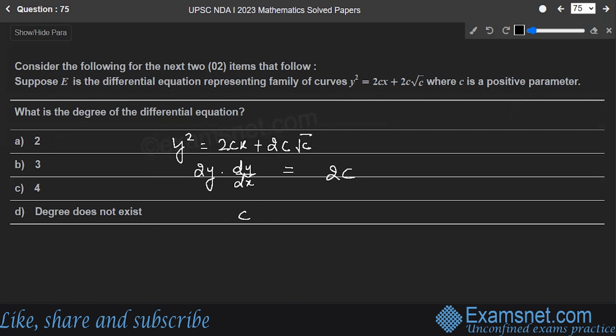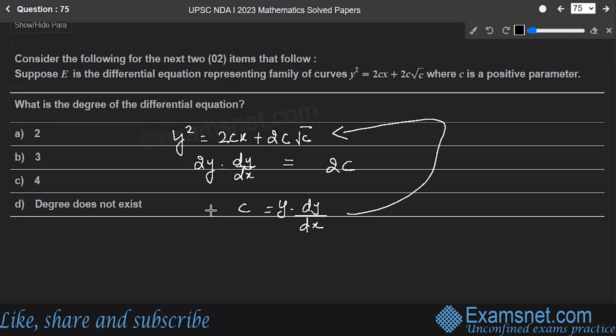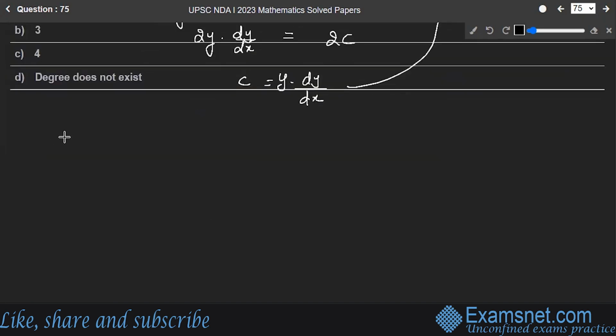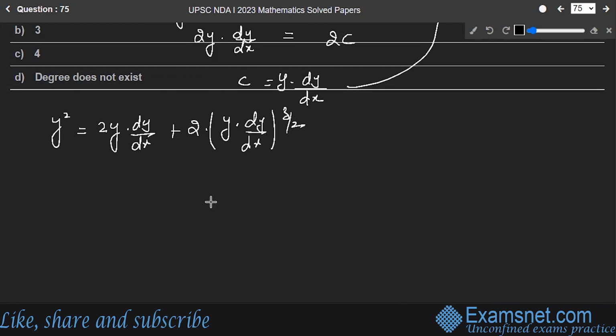So that means c is equal to y into dy by dx. Now let's put this one in this equation. You will get y square is equal to 2y into dy by dx times x plus 2 into this raised to power 3 by 2.